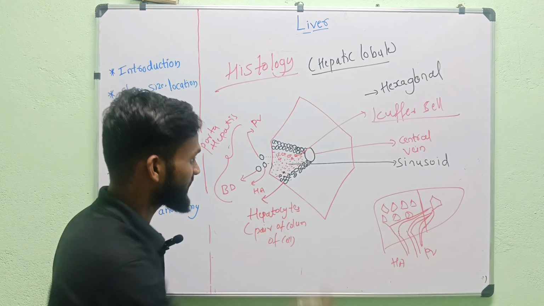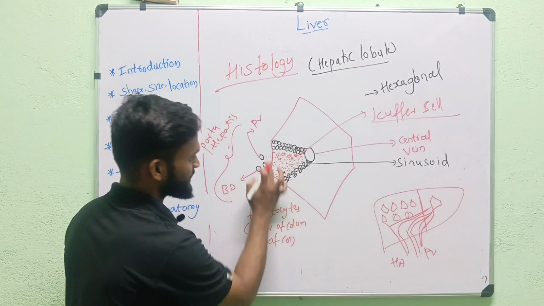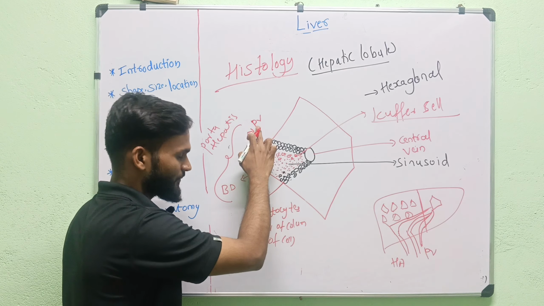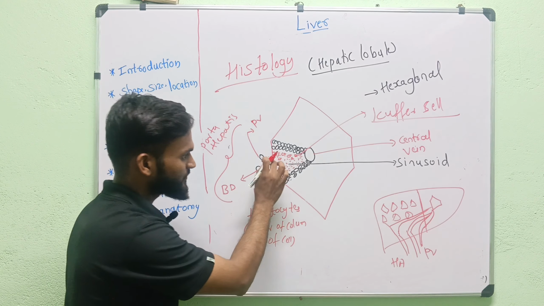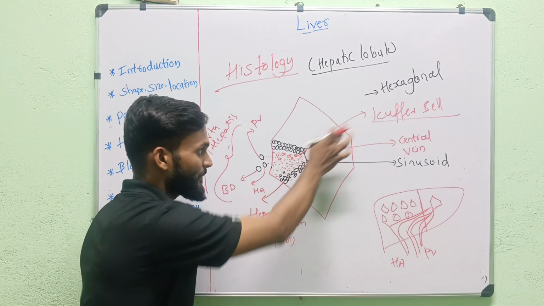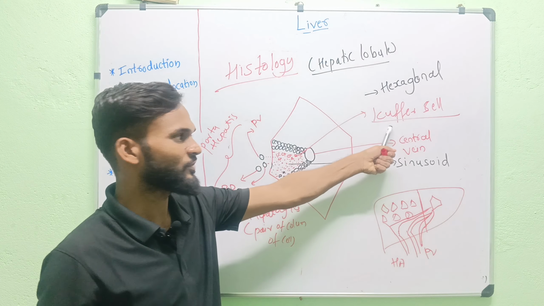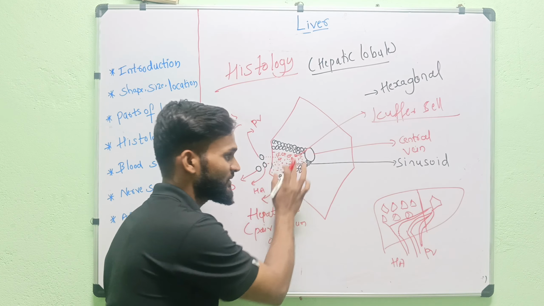They kill all the pathogenic microorganisms present in the blood that comes from your portal vein and hepatic artery and enters the sinusoid.